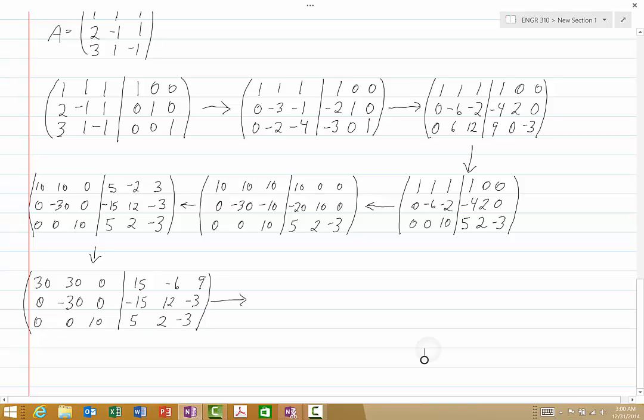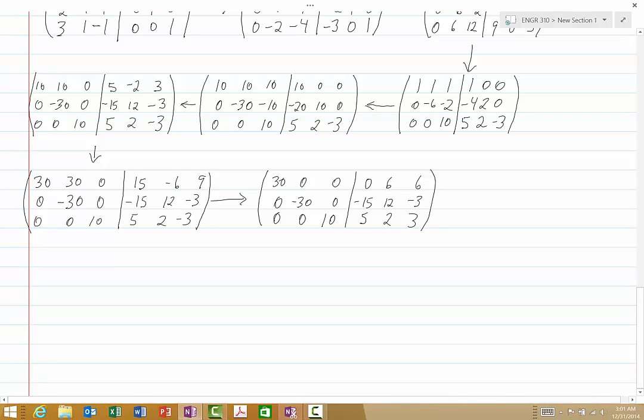And so we'll be left with the following: 0, 0, 10, 5, 2, 3, 0, negative 30, 0, negative 15, 12, negative 3, and then finally, when we add the second row up to the first row, 0 plus 30 is 30, negative 30 plus 30 is 0, 0 plus 0 is 0, negative 15 and 15 is 0, 12 and negative 6 is 6, and negative 3 and 9 is 6.